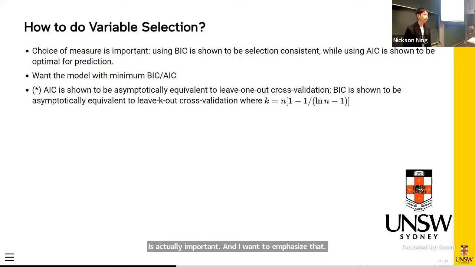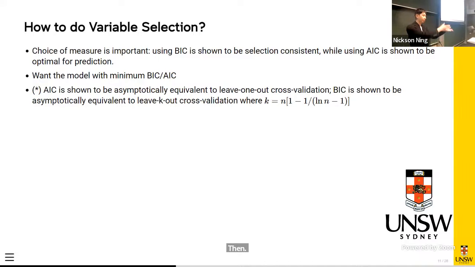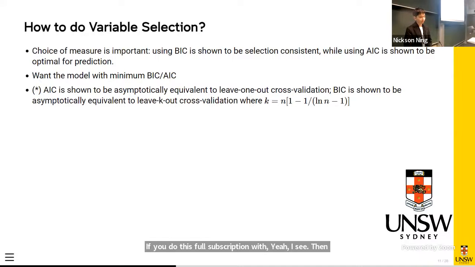If you do full subset selection and you use BIC, then this whole procedure, full subset selection with BIC, is shown to be selection consistent. Meanwhile, if you do full subset selection with AIC, then it's shown to be optimal for prediction.